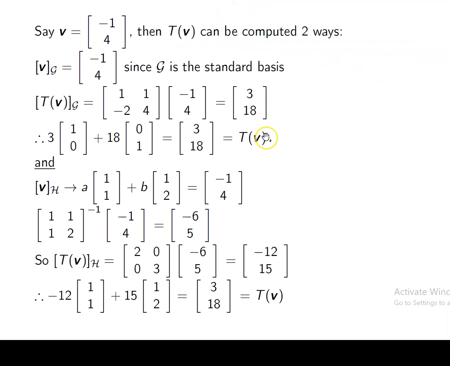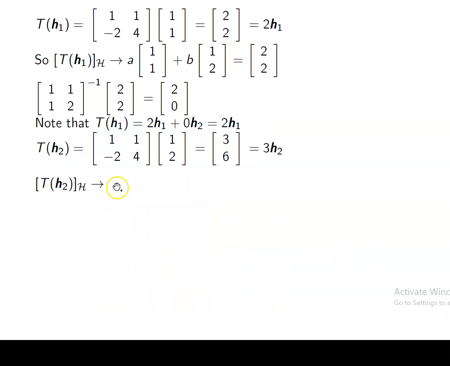Well, look here. Each time I did this, I had some inverse times my resulting vector. That's what I did here. And what is this?